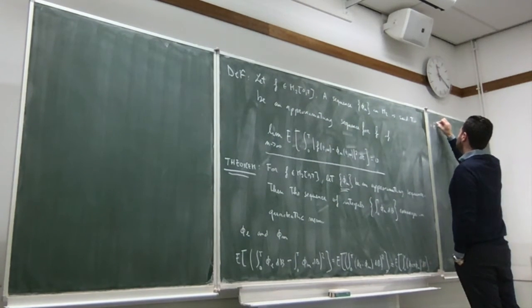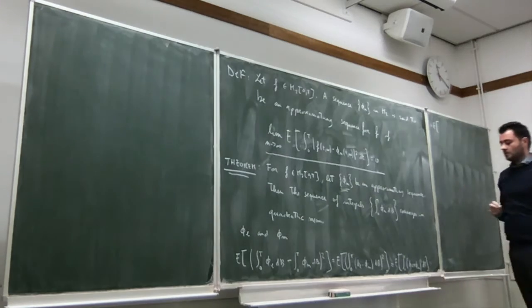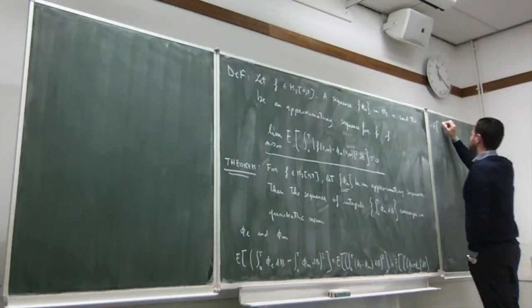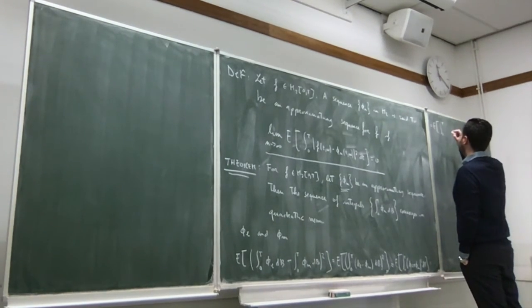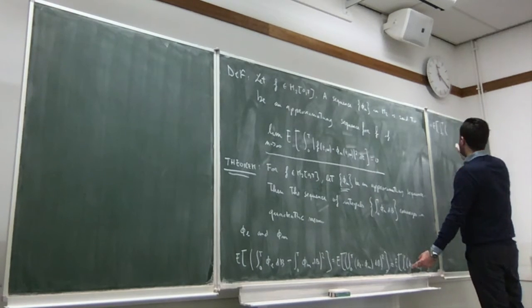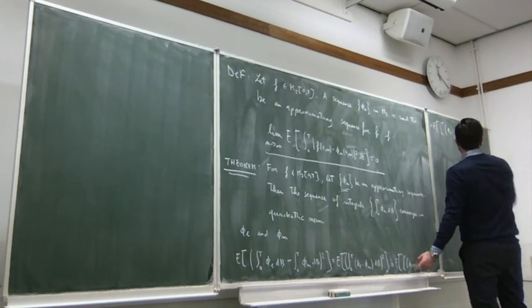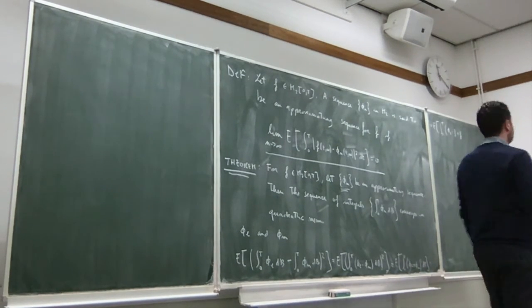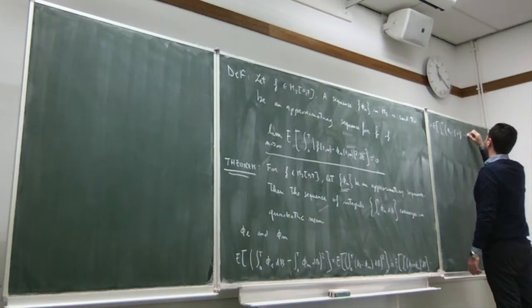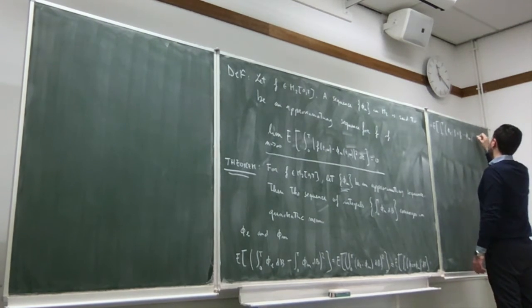But this is equal to the expectation of the integral from 0 to capital T of phi L minus f plus f, I can add and remove f, minus phi m squared dt.